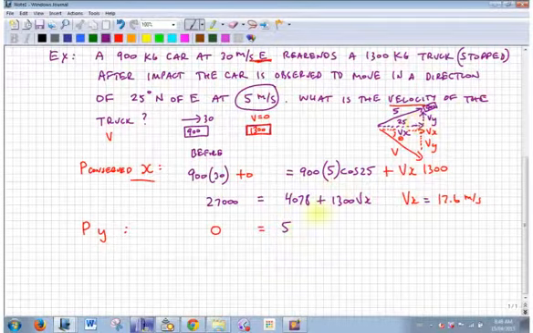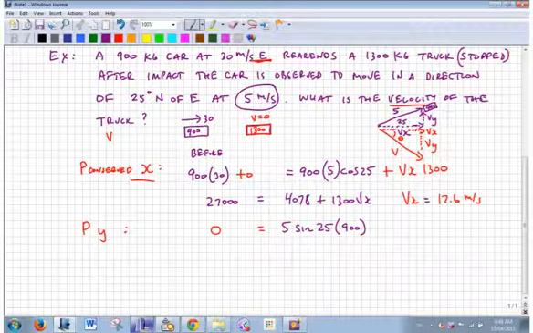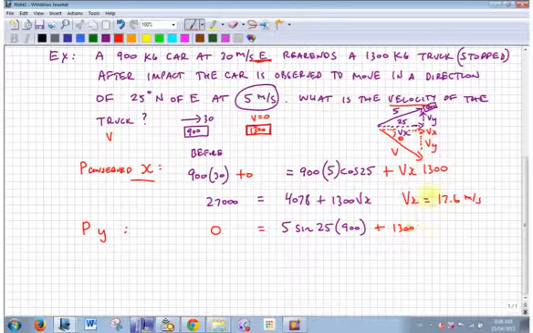Y's opposite, so that's sine of 25. But, again, I need momentum here, not just velocity. Yes, there is a way to do it with just velocity, but, you know, I'm not going to teach this twice. All right? What do I got for the truck? Well, I got 1,300, and that's what I need. Need the y component for the truck.